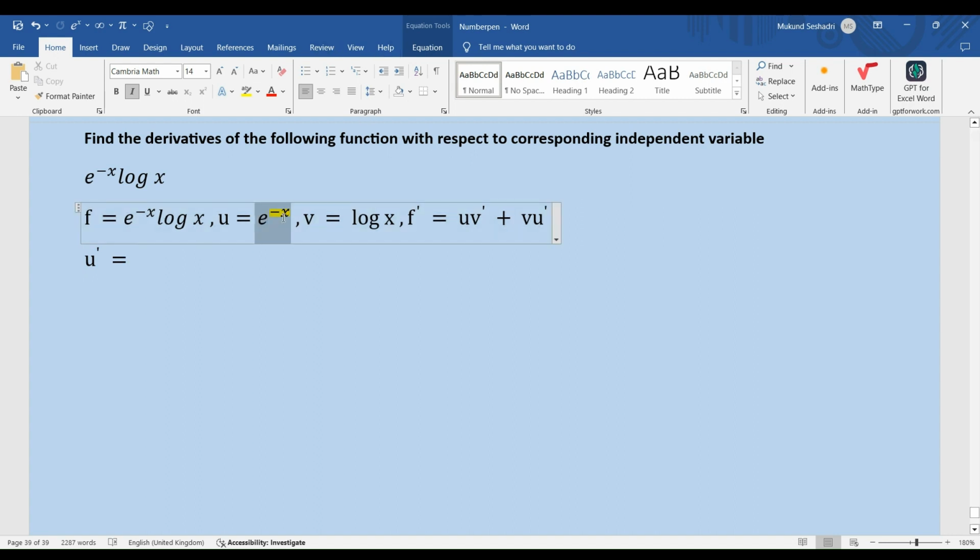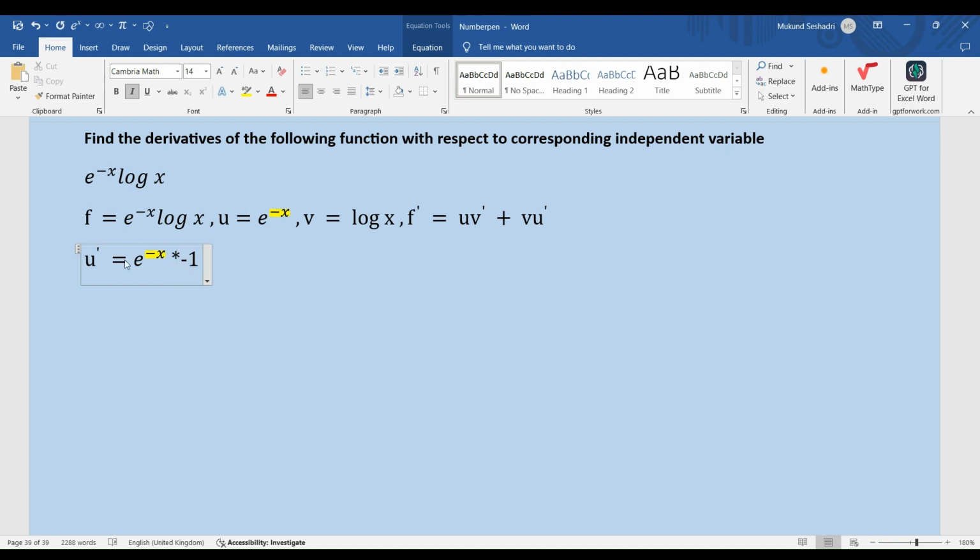So let's write that, right? And into g dashed of x, right? Remember that my d by dx of f of g of x is nothing but f dashed with respect to g of x multiplied by g dashed of x with respect to x, right? So my u dashed in this particular case will be e to the power minus x into d by dx of minus x, which is a minus 1, right?